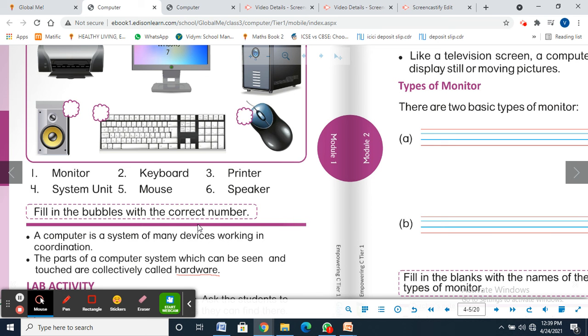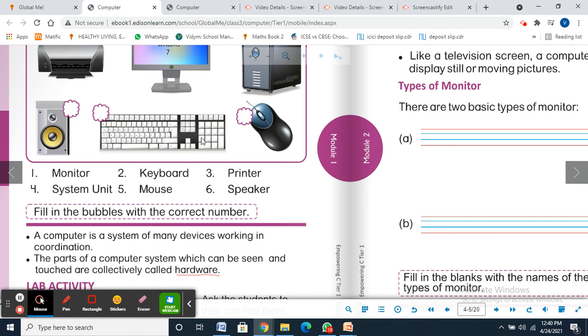External parts are hands, eyes, nose, mouth, legs. Similarly, a computer also has external parts and internal parts. The external parts are keyboard, CPU and mouse, speakers or printers.